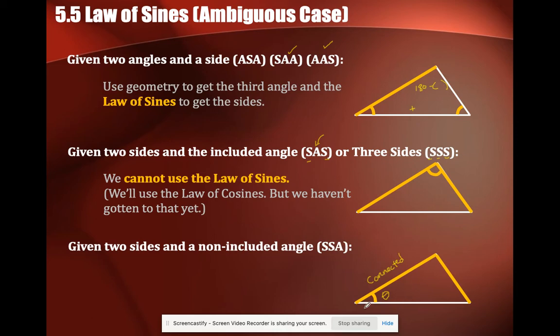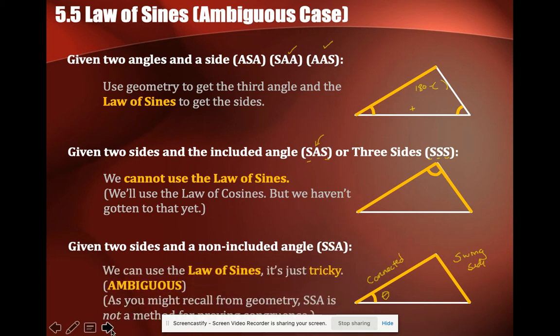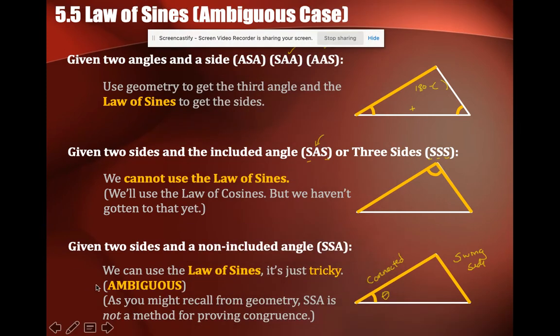Obviously, this side is connected too, but I want to use the connected side up to the non-connected side. I'm going to call this the swing side, because since this angle isn't fixed, this side can swing. I can try to bring it inside here and meet the third side, or I can go longer. We still use the law of sines, but we have to be very careful with it.